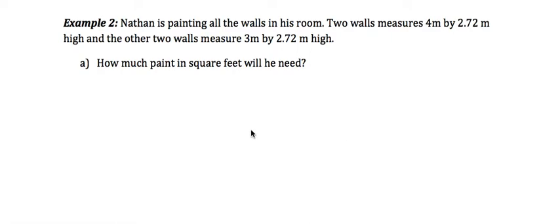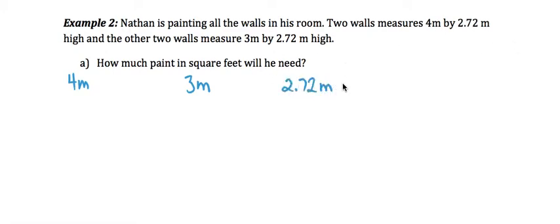So in order to do that, I need to convert my measurements that are currently in meters into feet. So I have to convert 4 meters into feet, I have to convert 3 meters into feet, and I have to convert 2.72 meters into feet.